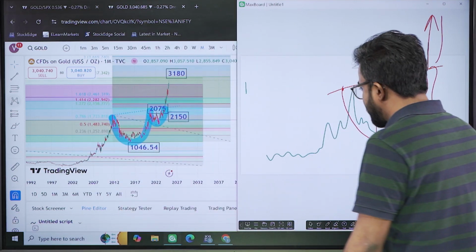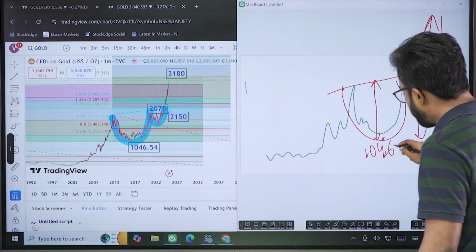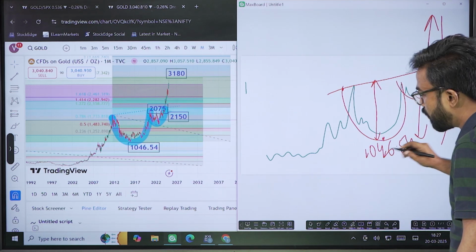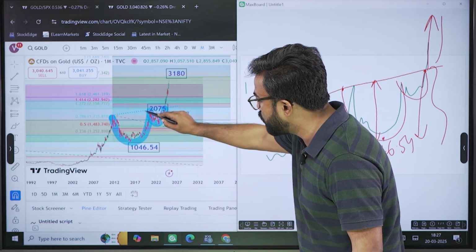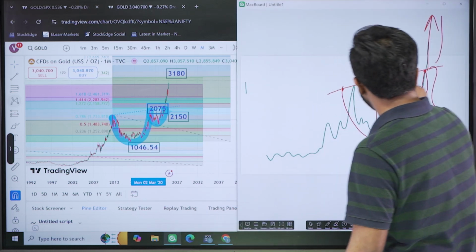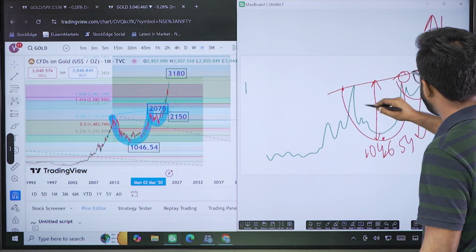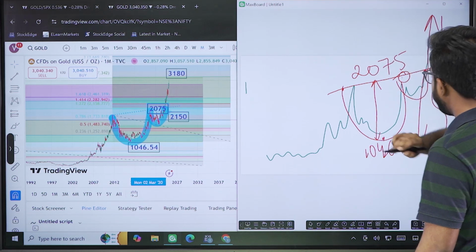So the low is around 1046.54, and over here the high is around 2075. So this particular point is around 2075.